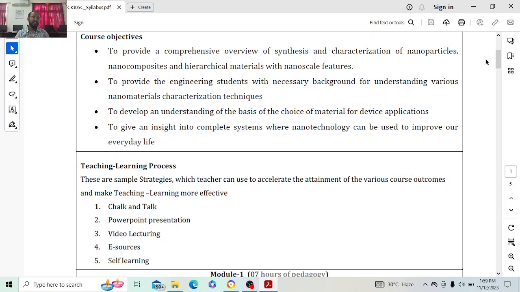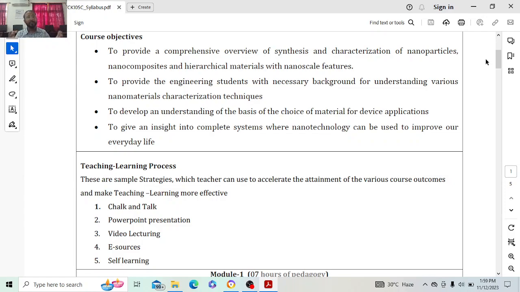The best thing VTU did was to introduce this subject and make it compulsory for all engineering students, so that in future if they are interested in this subject, they can go through it and do projects, even if you are a mechanical engineering student, a biotechnology engineering student, or belong to any other branch.